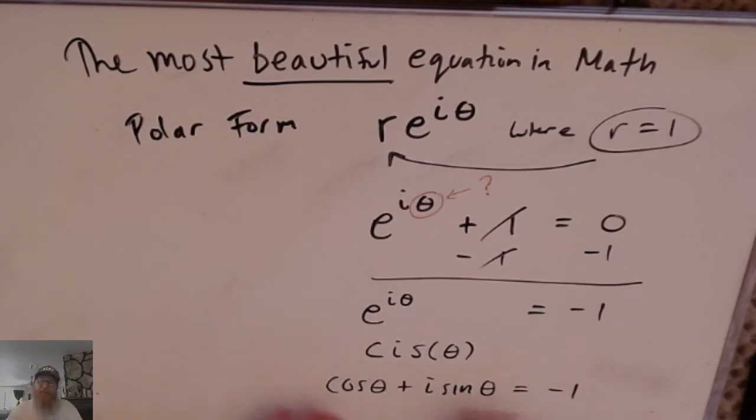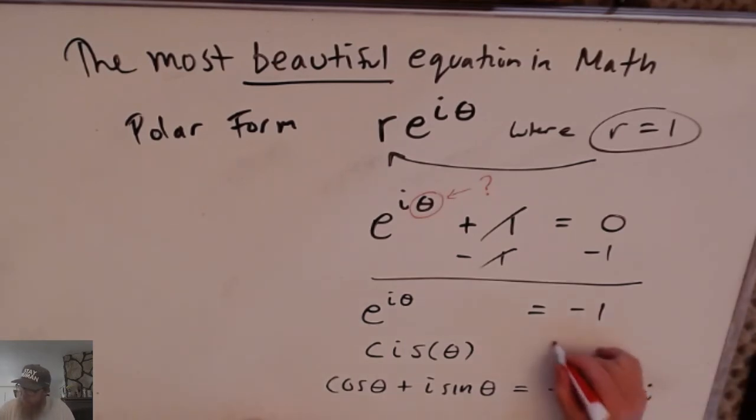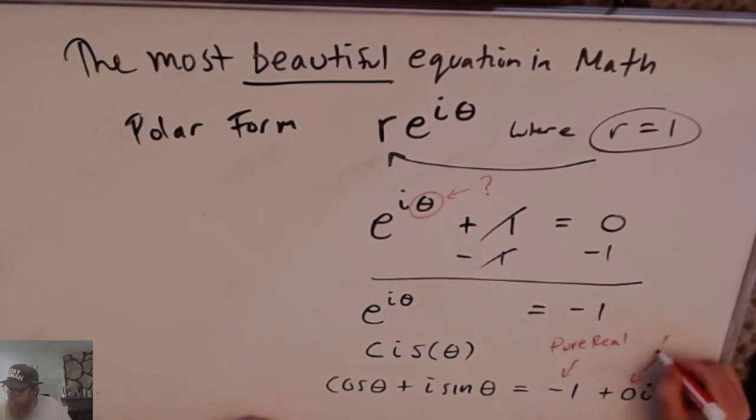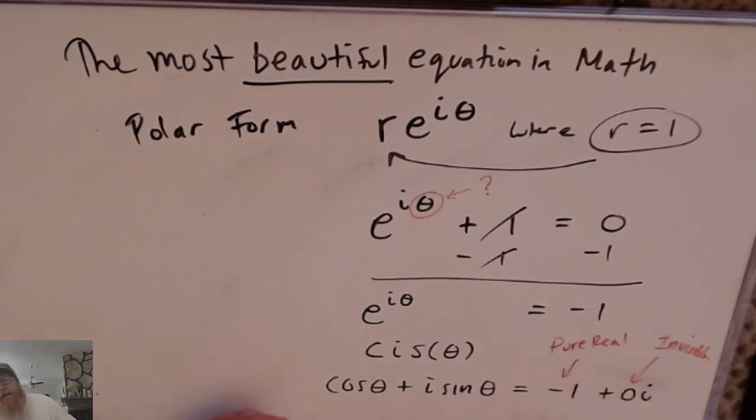Now, to actually solve this complex equation, it's actually much simpler than it looks, all right? The right side is technically -1 plus 0i, yeah? If you have a pure real number, -1 is pure real, then that means you have an invisible 0i. And so when you solve complex equations, you set the real parts equal to each other.